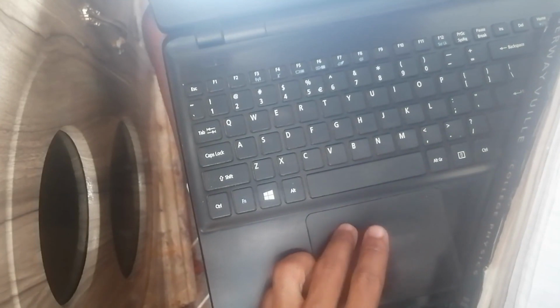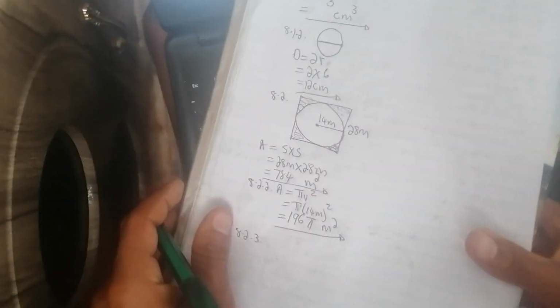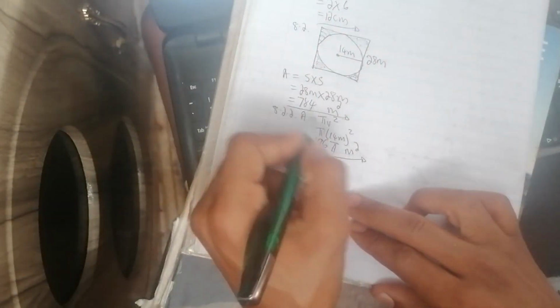We get 784. And what is pi times 14 squared? I get 196 pi. These are the values that I get.